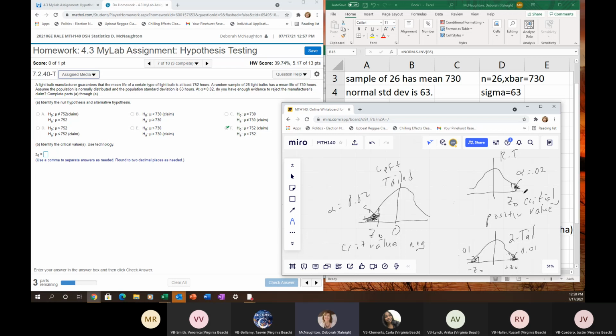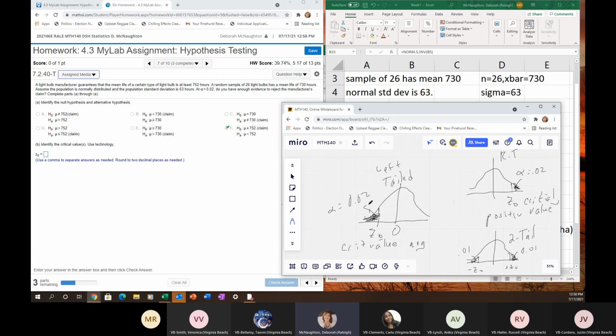And when you calculate the p-value, what you're calculating is the probability from the table that you get a value, if it's left-tailed, less than that test statistic that you calculated. That is why, if your test statistic is in this rejection region, which means it's less than Z naught, your p-value will also be less than alpha.